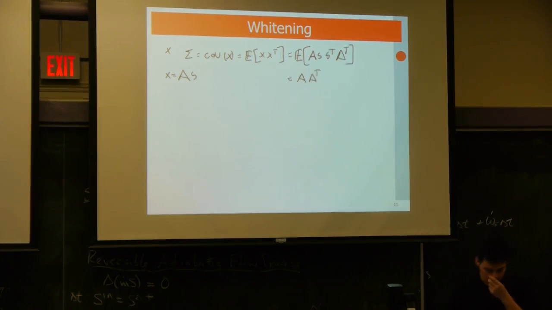And now what we do is a singular value decomposition on this matrix sigma. So that's U D U transpose, where U is an orthogonal matrix.